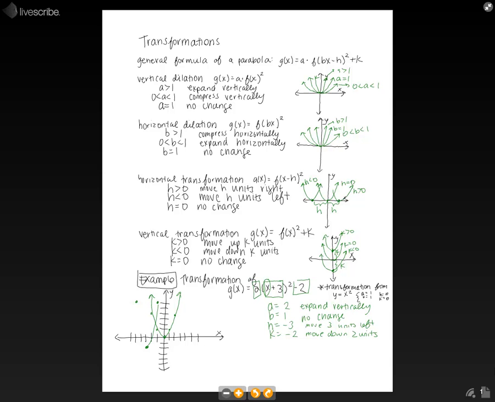So we get a parabola that looks like this. So you can see that it's moved over 3 units to the left and down 2 units. And it's also slightly more expanded vertically.